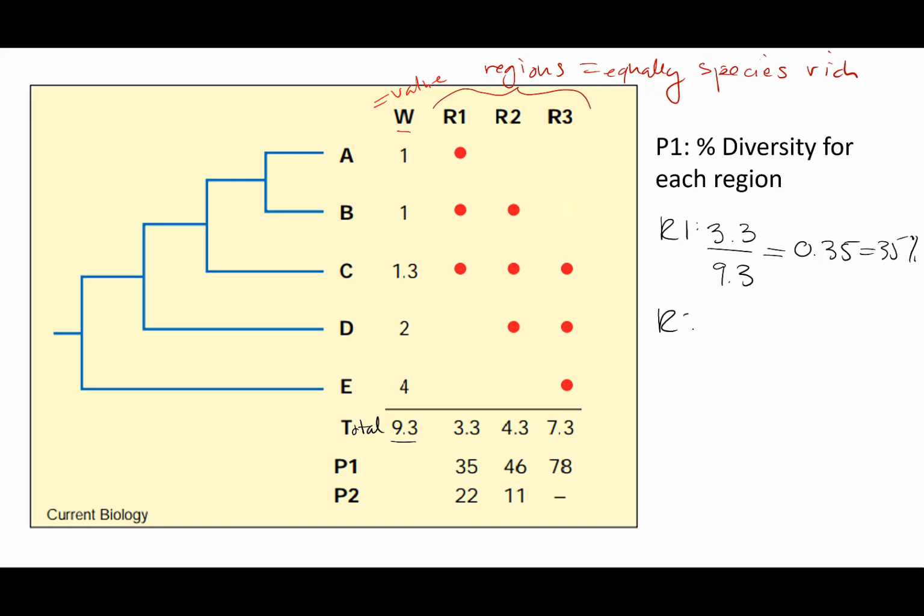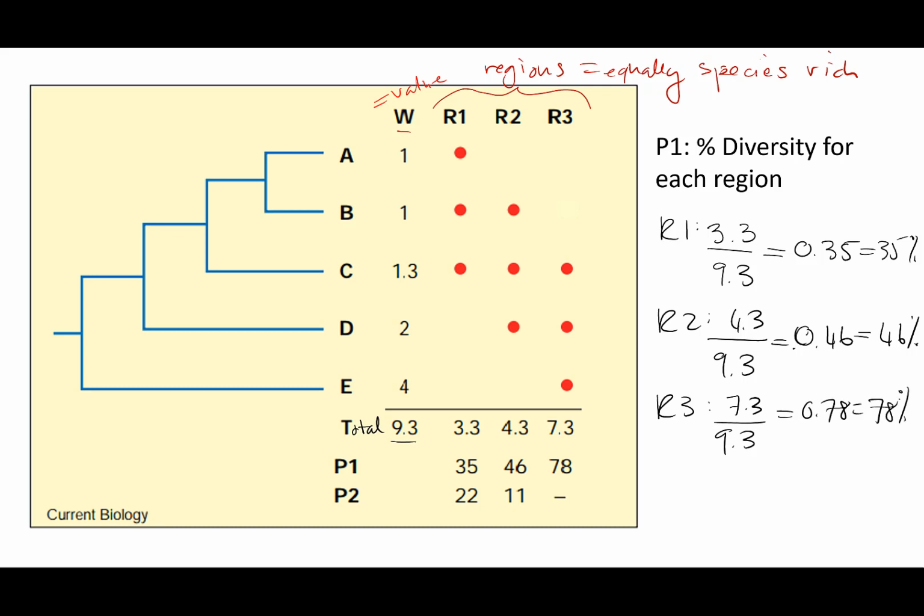For region 2, if you do the same thing, you take 4.3 divided by your total score of 9.3, and you end up with 0.46, or 46%. If you do the same for region 3, you're going to end up with 7.3 divided by 9.3, which gives us 0.78, or 78%.